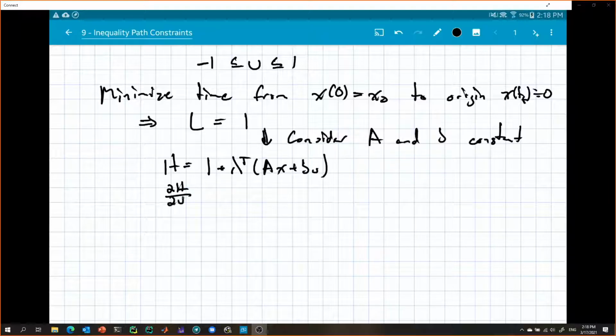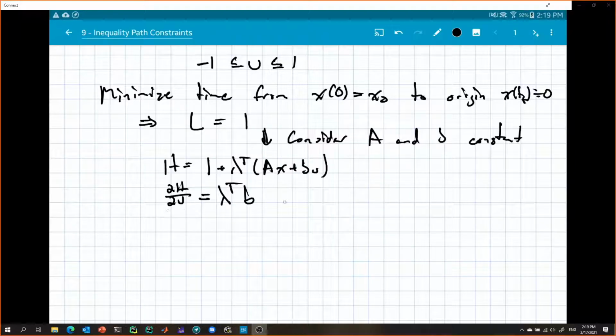Normally what we'll do is take the partial with respect to u. What does that equal? It's just lambda transpose B, but this doesn't have u in it.